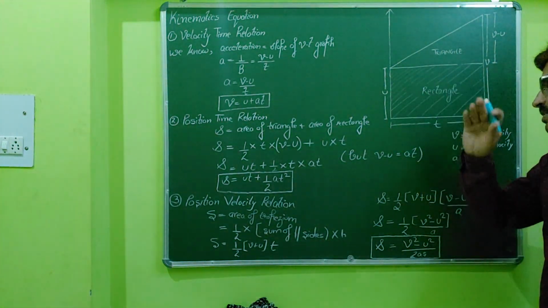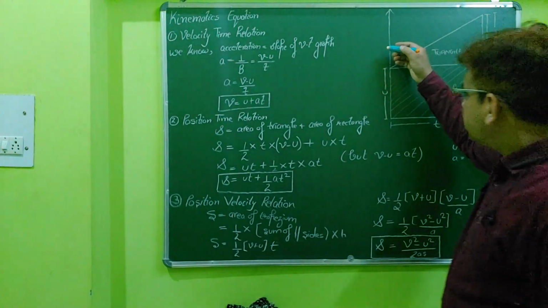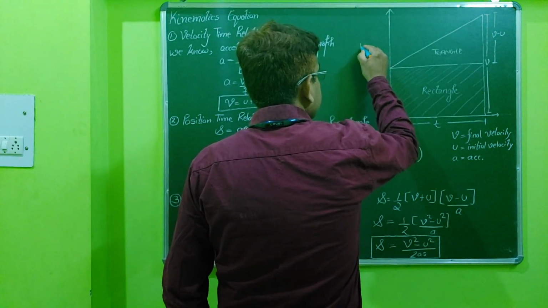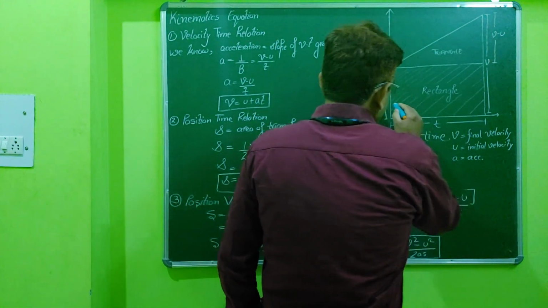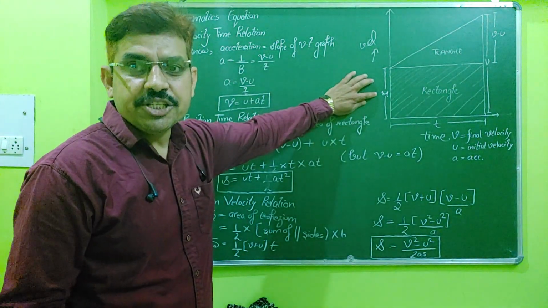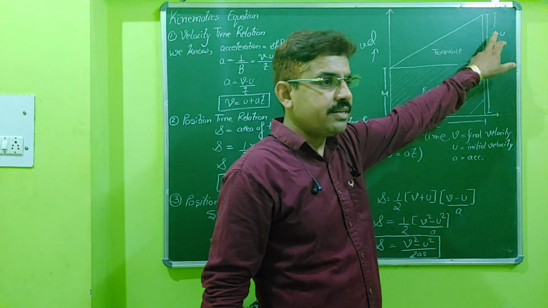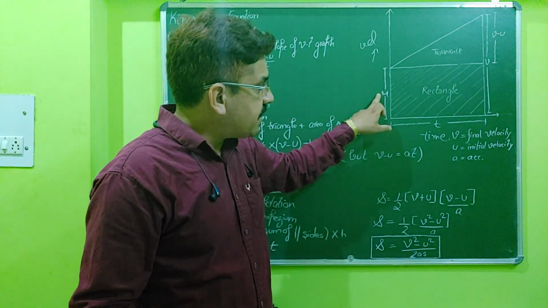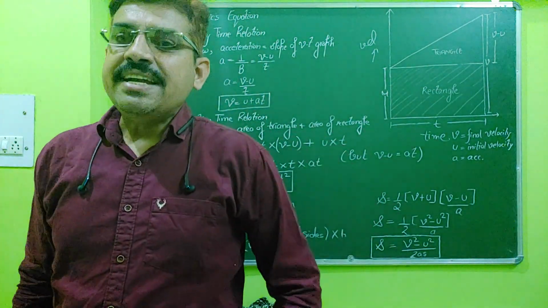If we see this diagram, this is a diagram between the velocity and the time. This is called the initial velocity, the initial velocity of the object. This is known as the final velocity of the object, and the velocity of the object is going to change from u to v in time t.